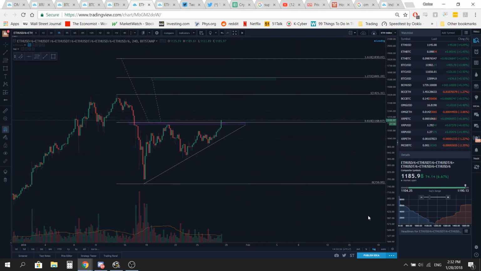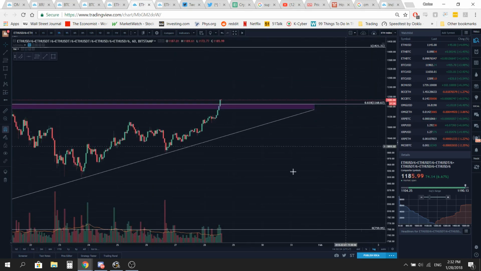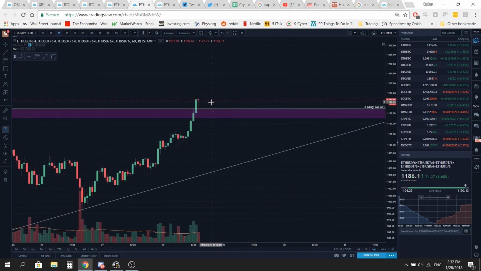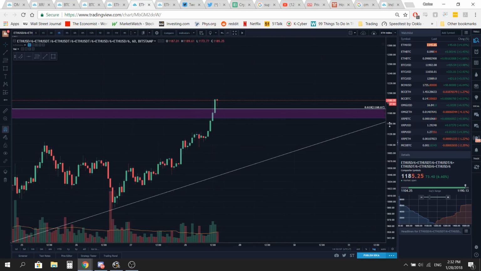If you look on lower time frames here, okay, we saw a nice little bounce here, a nice rejection doji candle off this resistance zone on the 1 hour. So that's looking good, and you can see the volume, this little volume cluster here on these 3 nice strong green candles breaking out is really nice.